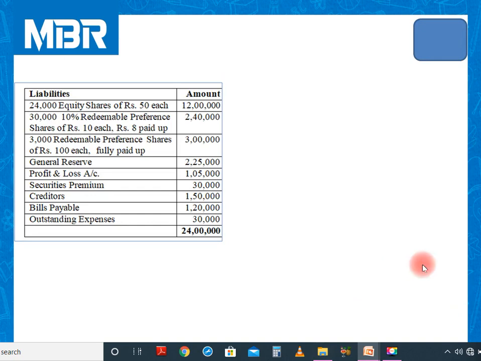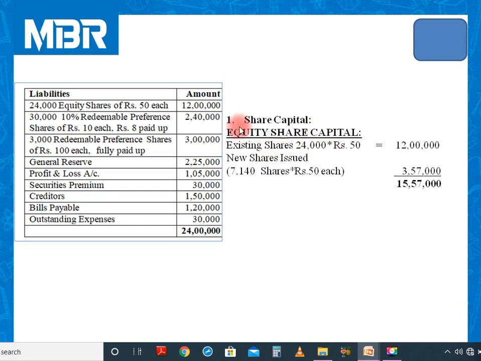Check the calculation of share capital. 24,000 equity shares of rupees 50 each available to the company. So the existing share capital of the company is rupees 12 lakhs.